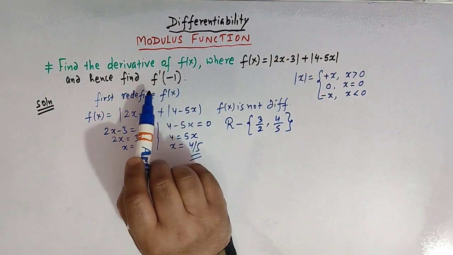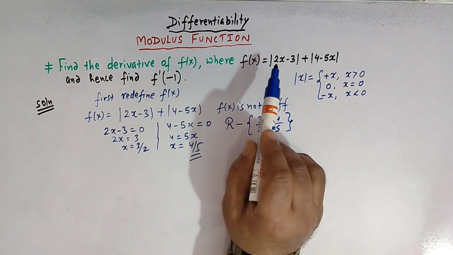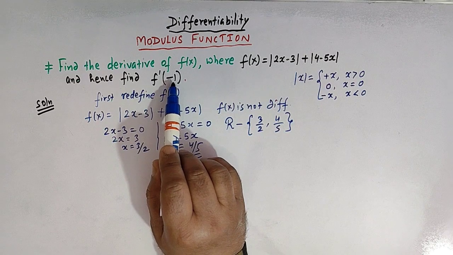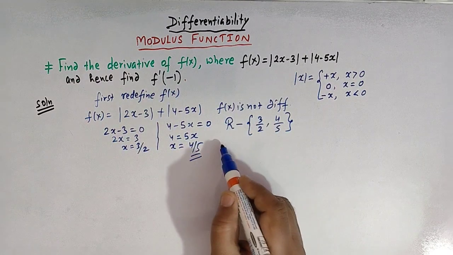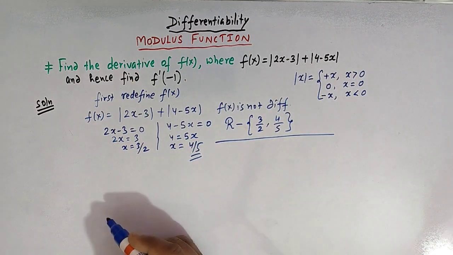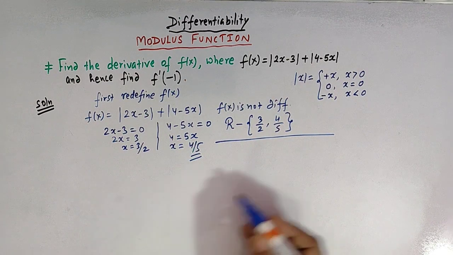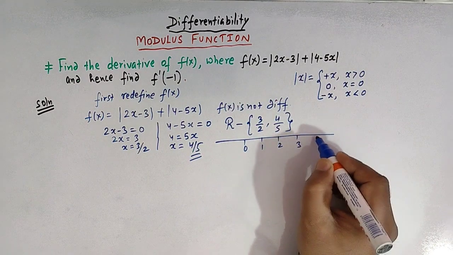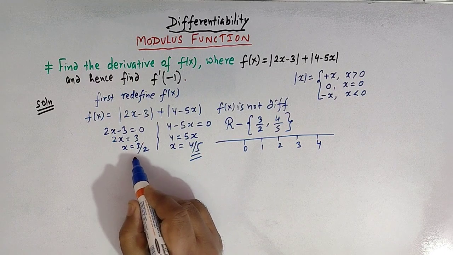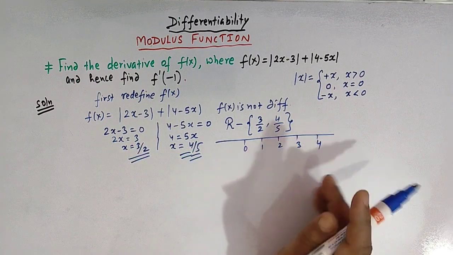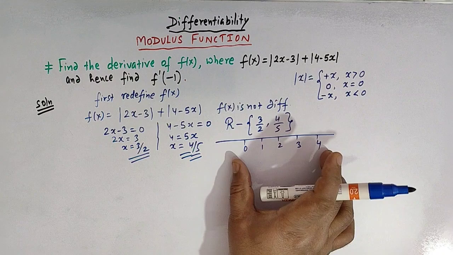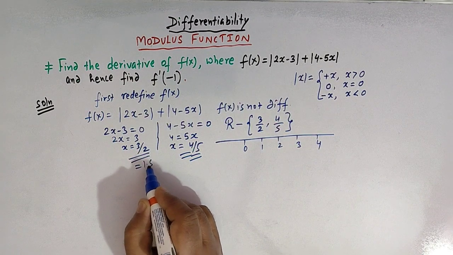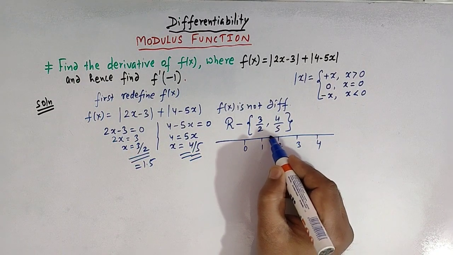And here we have to find the value of the derivative at x is equal to minus 1. So now let us draw a real number line here, and let us write 0, 1, 2, 3 and so on, and let us represent these two points on this real number line. So 3 by 2 is 1.5, so it lies somewhere here.